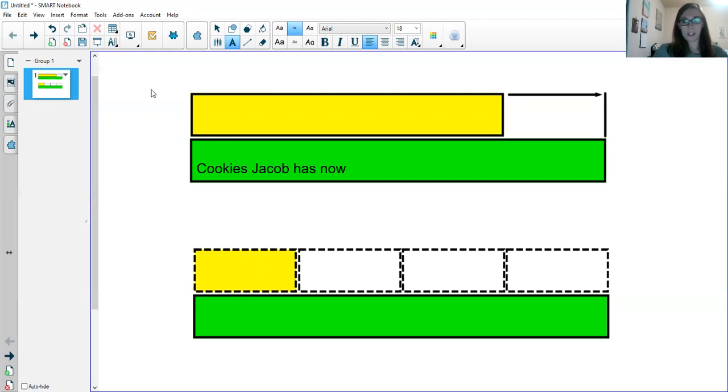We need to label how many cookies Jacob had. We'll put that up here at the top of our strip diagram. And then we need to label how many cookies his friend Sam gave him.